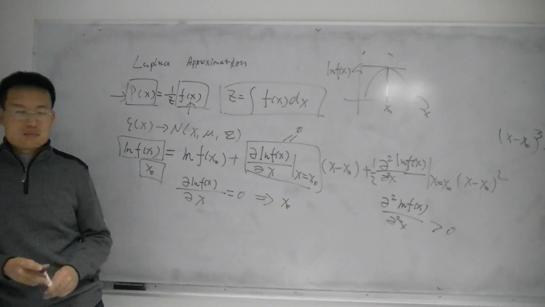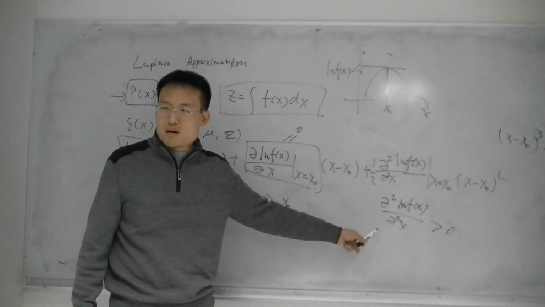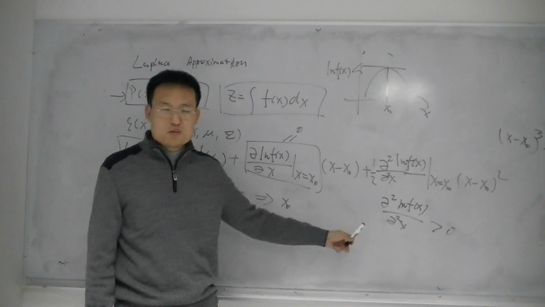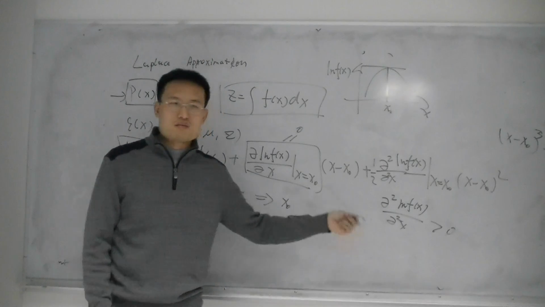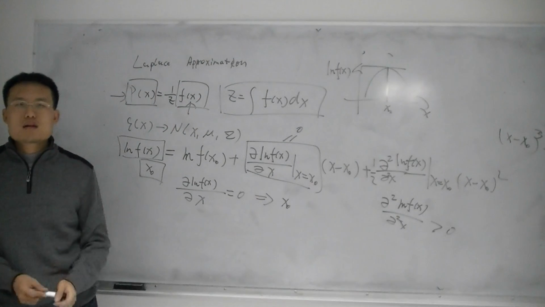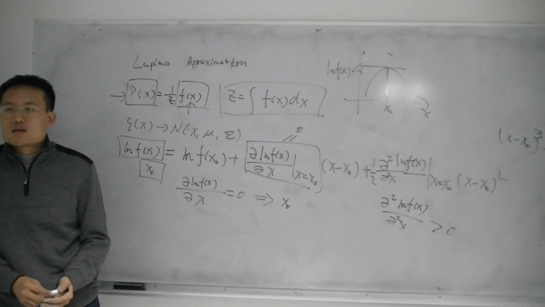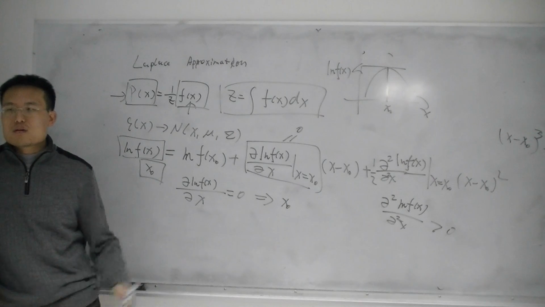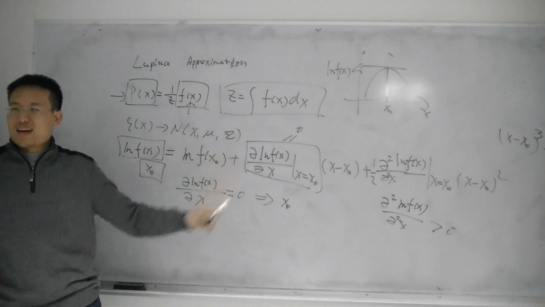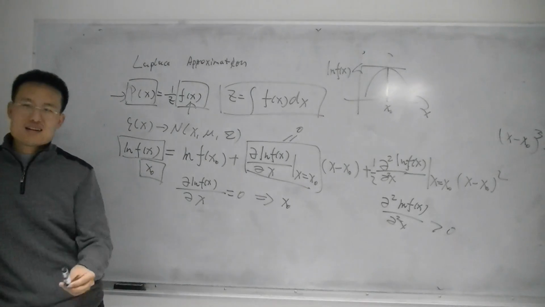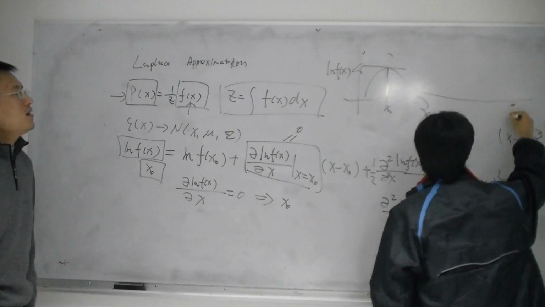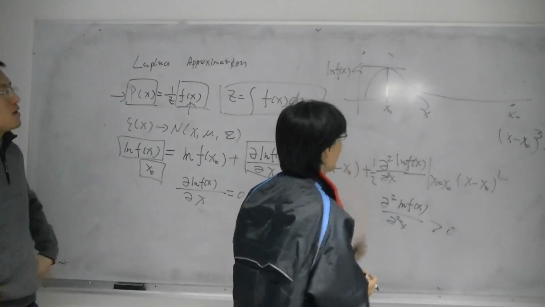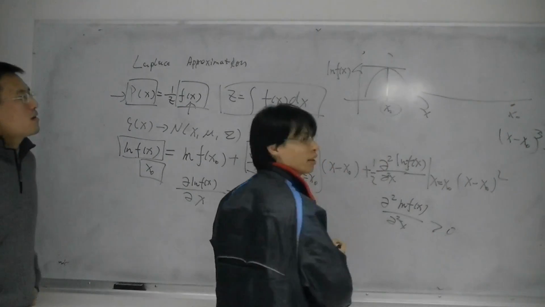But I think this property is more important, because if you don't choose this point, you will get a negative variance. No, I guess you can expand everywhere. For example, if I take x0 somewhere here, and I say this is x0, how can you do this?